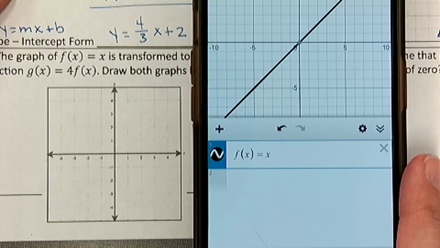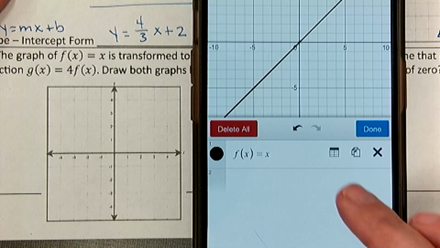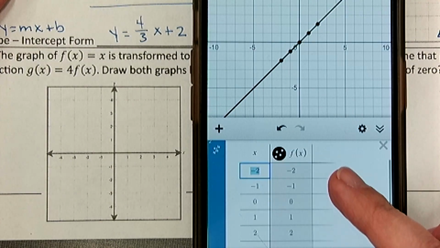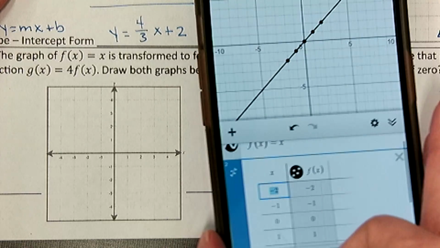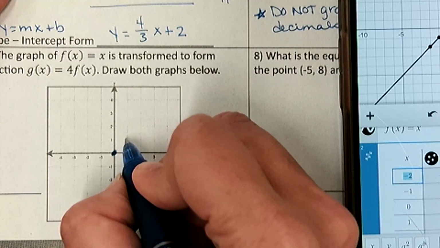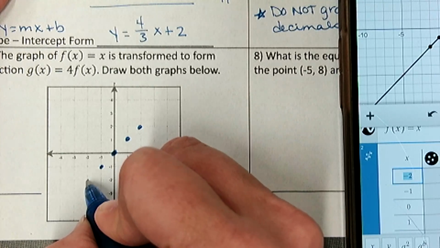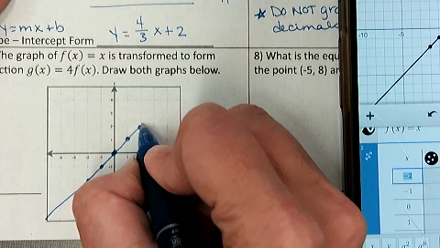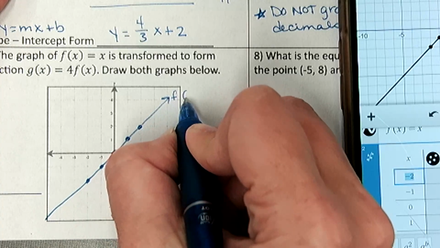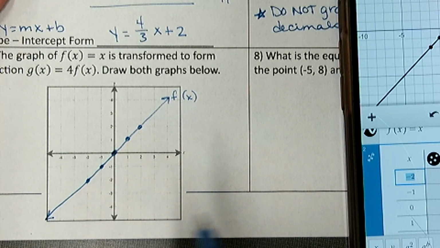So there's my f of x equals x. If you needed to look at the table to see what it looked like to get those pretty points, you could. It simply has a slope of 1 and is going through the origin. Pay attention to your labels. So this is our original.